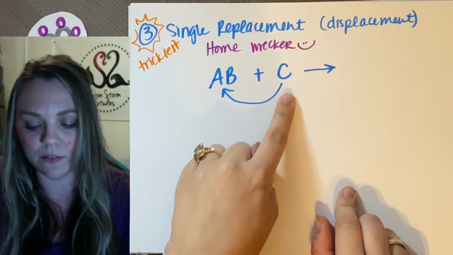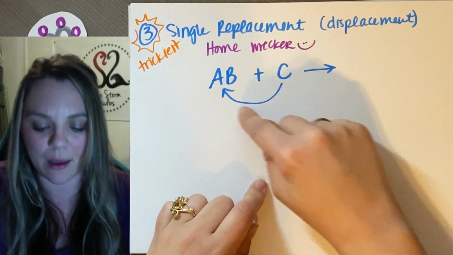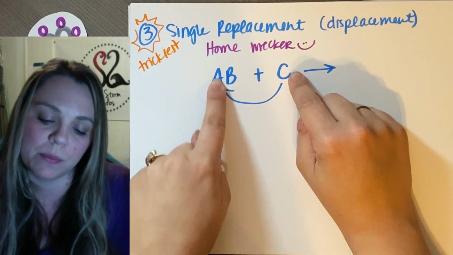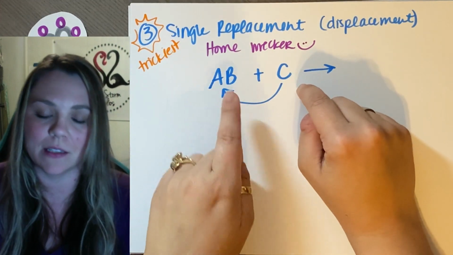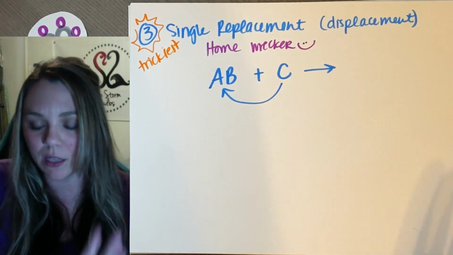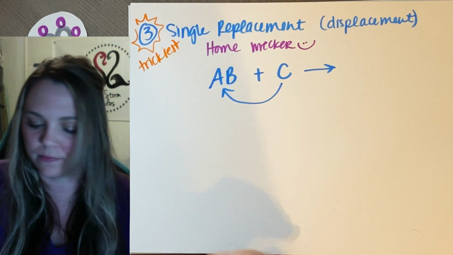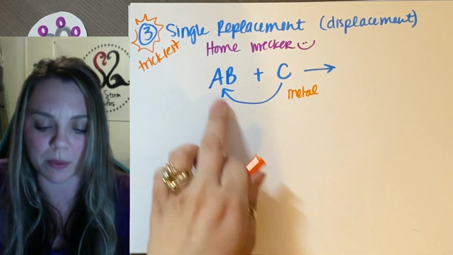All right, so if the single, right, if the guy that's going to come in and replace you is a cation, if this is a metal, it's going to replace the other metal. If this is a non-metal, it's going to replace the other non-metal. So you have to be really careful about what you're actually making. So if this was a metal, right, if this was a cation, it's going to replace the other metal.